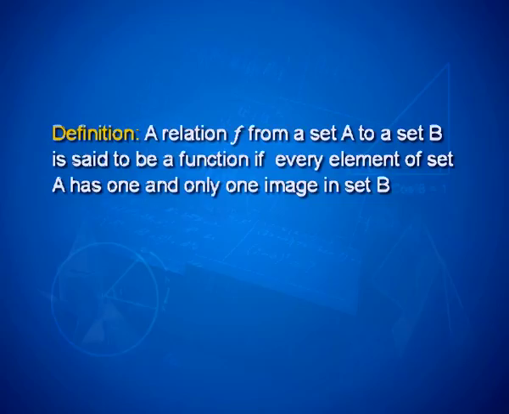A relation F from a set A to a set B is said to be a function if every element of set A has one and only one image in set B. Now, the word that is highlighted here is every.